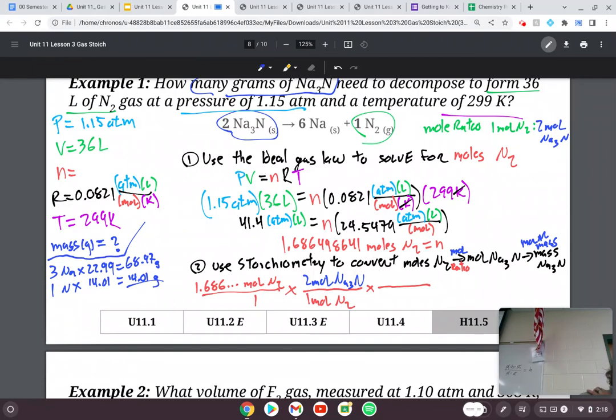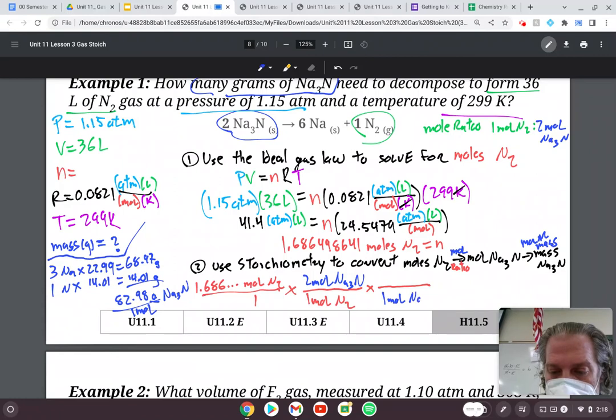So 68.97 plus 14.01 is 82.98 grams in 1 mole of Na3N. I want to cancel moles out, so I'm going to put 1 mole of Na3N on the bottom, and the 82.98 grams of Na3N on the top.